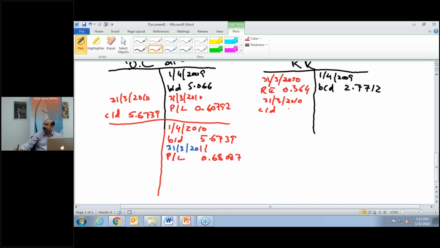So this will give us 2.4072. Opening balance 2010. Opening balance 2.4072.